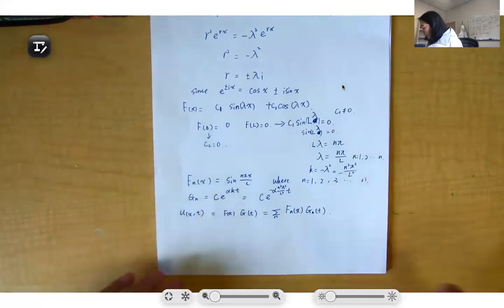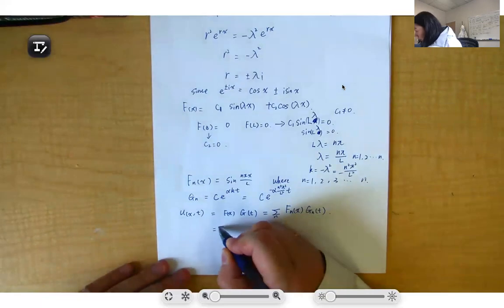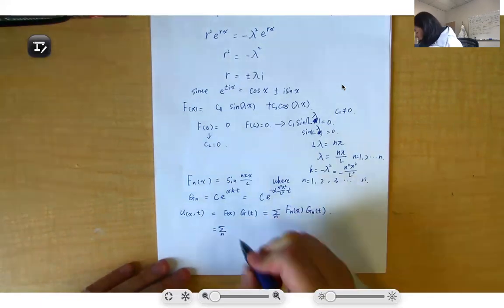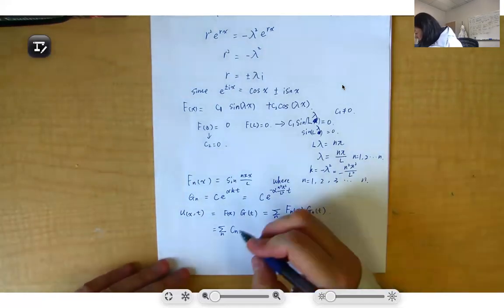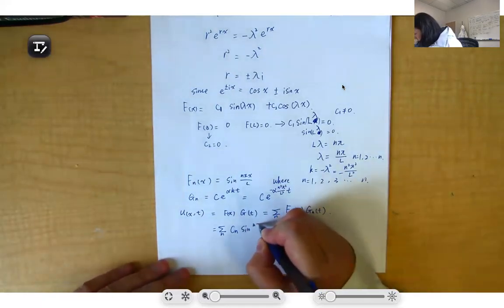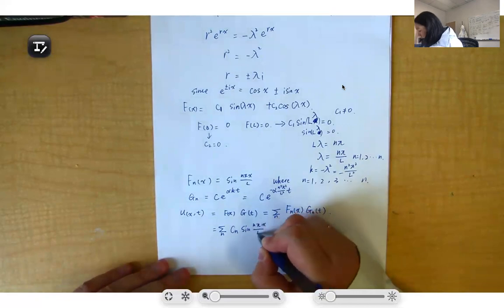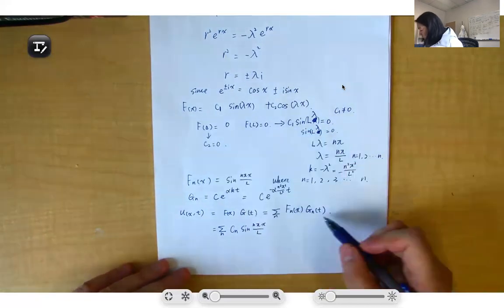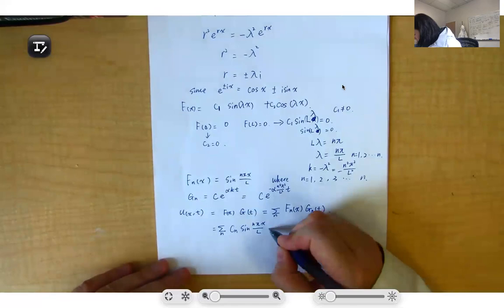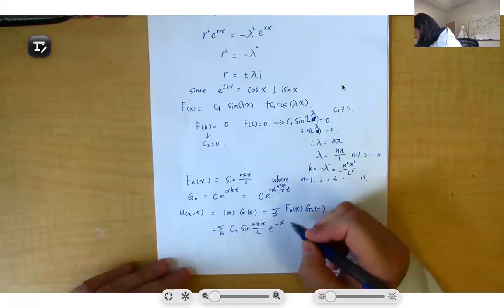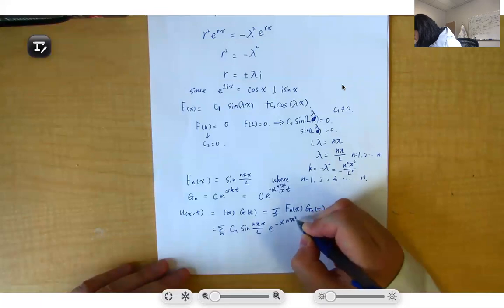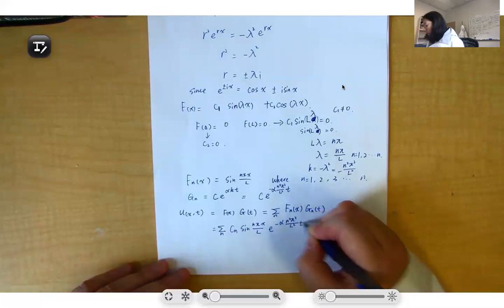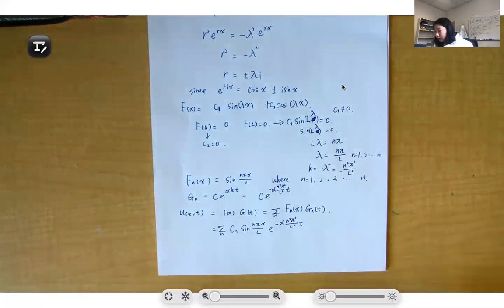Then what we have here is the sum over n of c_n sin(nπx/L), that is the F_n part, times G_n, which is e to the minus α n squared π squared over L squared t. So this is the final solution for our u(x,t).